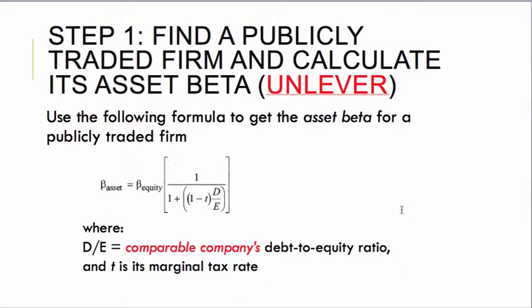So use the formula here to get the asset beta for a publicly traded firm. Remember that the D/E ratio, the debt to equity ratio in this formula, is the comparable company's D/E ratio, the publicly traded company's, and the tax rate here is also the comparable company's, the public company's marginal tax rate.